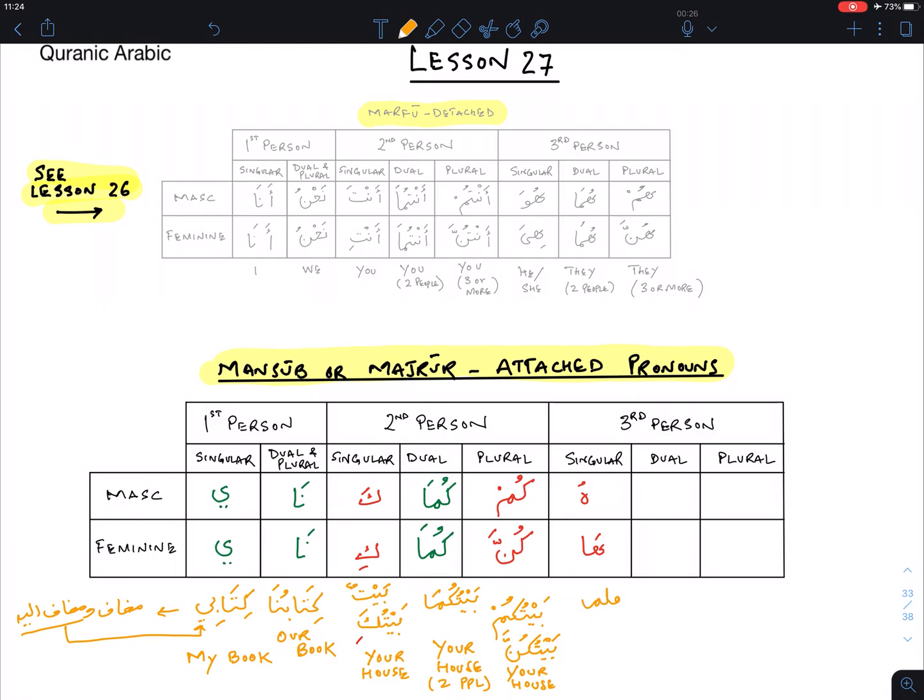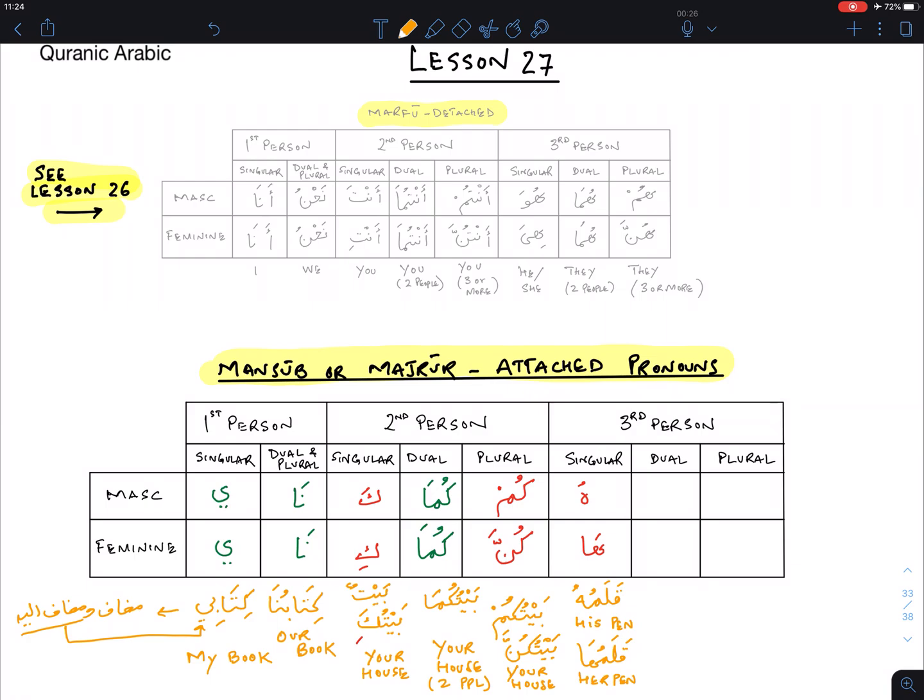So qalamuhu, that is going to be his pen. And for feminine, it's going to be qalamuhā. It's her pen. They're all in mudaf ilayh, a possessive case, in the attached condition, and in majrūr state here.